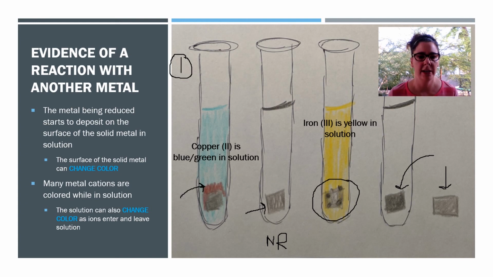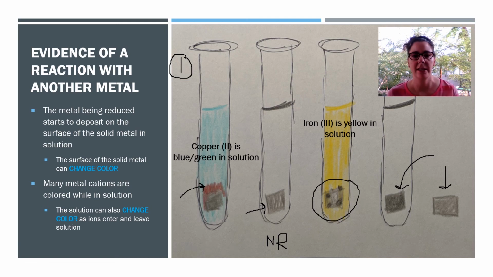So another indication of a reaction will be change in the color of the solution. A couple of the ions we're using, for example, copper 2 and iron 3, are very colored in solution. When copper ions are in solution, they make this really nice teal blue color. So that solution in that test tube is kind of a teal blue color. So looking at solutions changing color is also evidence.